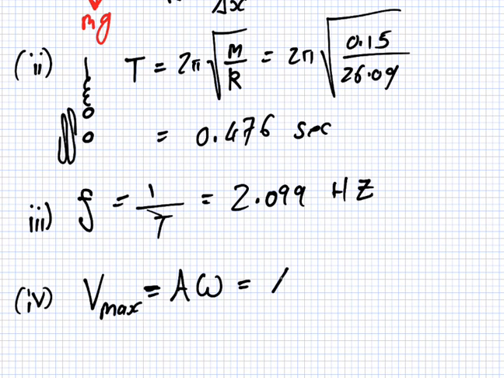What's the formula for omega? 2 pi over T. So what's 1 over T? Frequency. So if you wanted to, you could actually write the formula like this, 2 pi AF, because you know the F, and you know the A is in the question.